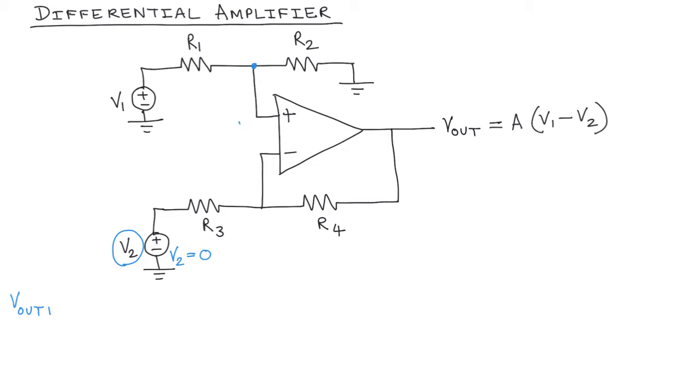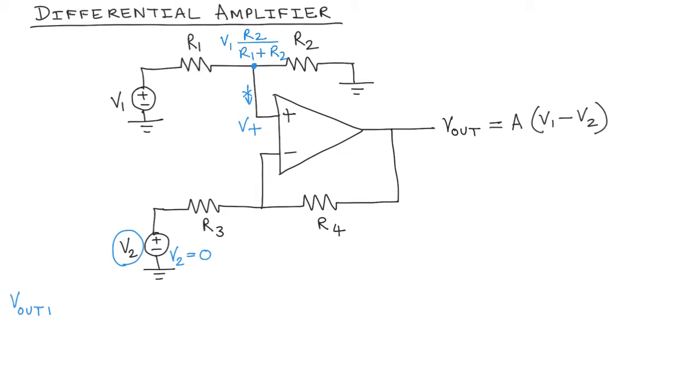We could write it as V plus, but because there is no current going into the non-inverting terminal, the voltage at this point is given by a voltage divider, where the two arms are R1 and R2. So the voltage is simply going to be V1 times R2 over R1 plus R2.